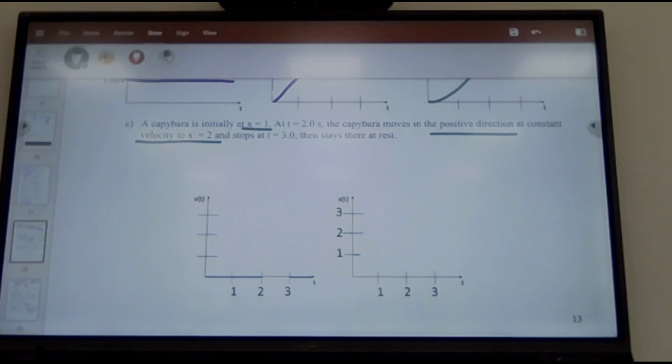Till then, he doesn't move, so there is no velocity. From 2 to 3, he moves in the positive direction, so from 2 to 3, there is velocity.